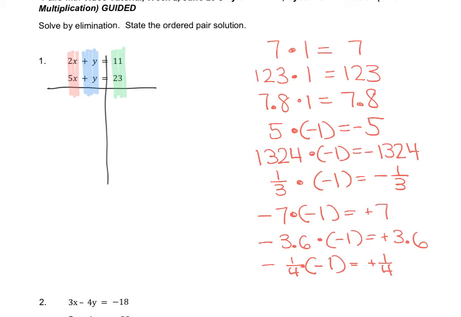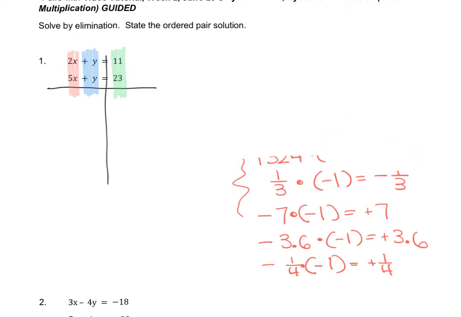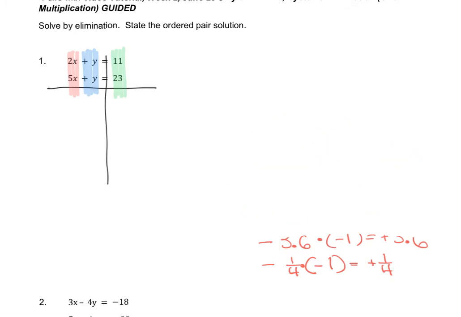The only way I change something from positive or negative to the opposite sign is by multiplying it by negative 1. Now I'm going to erase this. If you want to grab any of those examples, you can just back up the video.